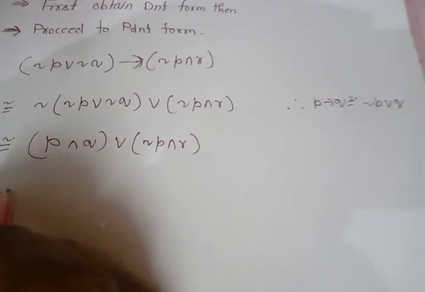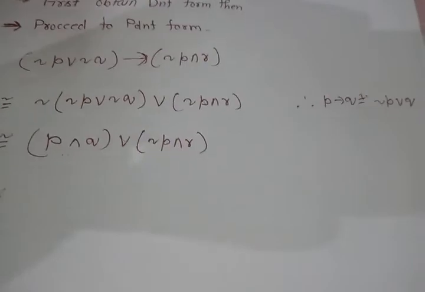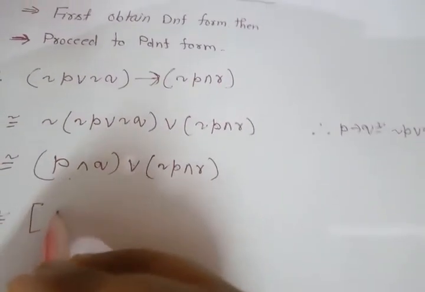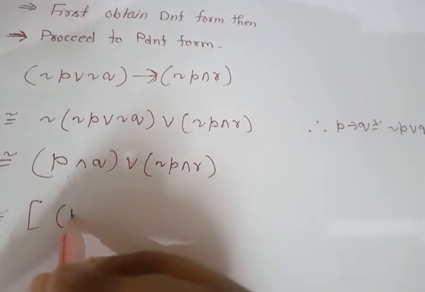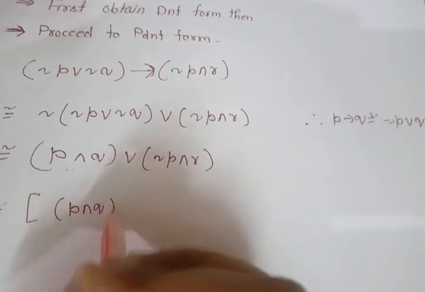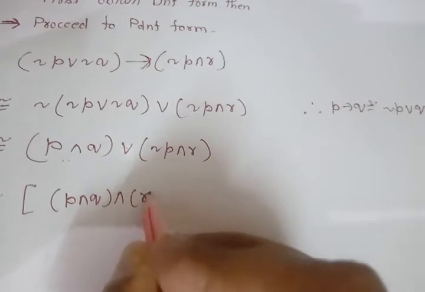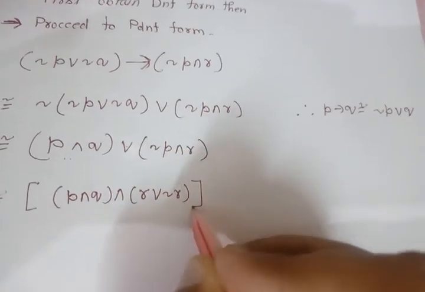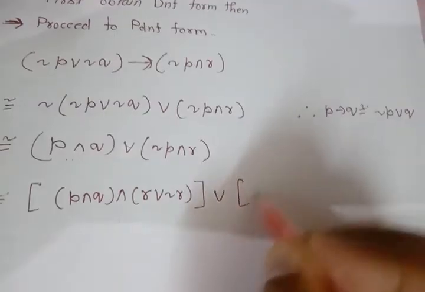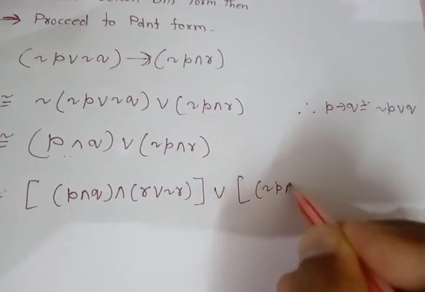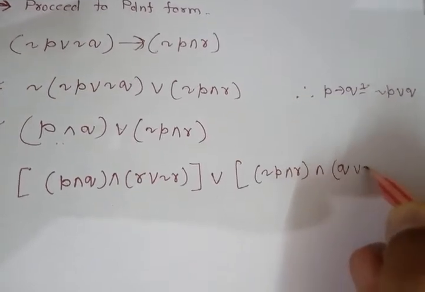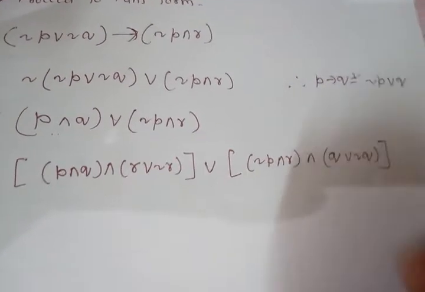Now the question arises how we can add a proposition to a given statement. The answer is like this: P conjunction Q conjunction (R or negation of R), and in the second compound statement, negation of P conjunction R conjunction (Q or negation of Q).